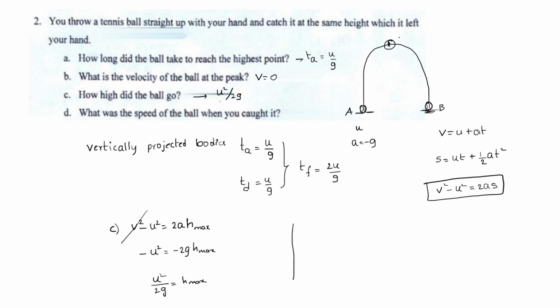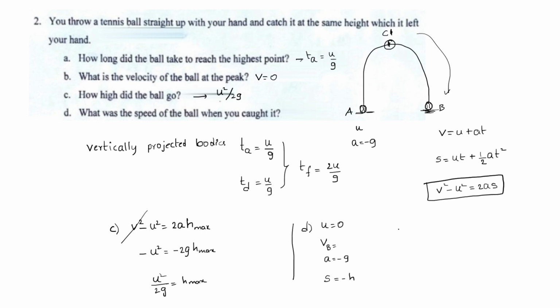Now consider this half from point C to point B. There the highest point at C, the velocity is 0, and we need to find velocity at B, and a is equal to minus g and s is equal to minus h since it is coming down.